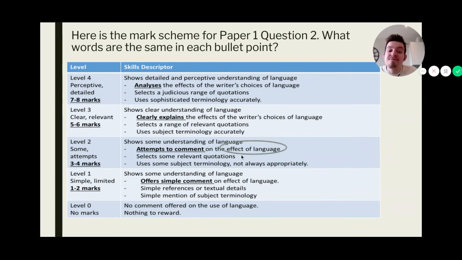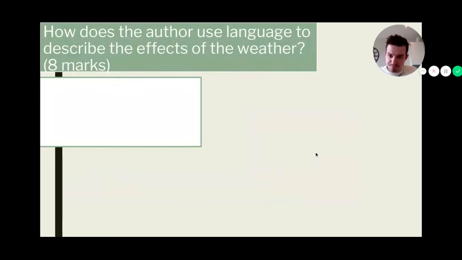You talking about the effect of language, so making sure that you are saying what the specific words are talking about. Giving me some quotations, I would suggest a minimum of 3. And then using subject terminology. What that means is identifying your techniques like personification, simile, and onomatopoeia, as we have identified before.